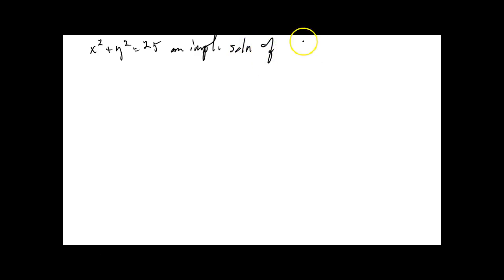Here's the differential equation: dy/dx is equal to minus x over y, on the interval -5 to 5.